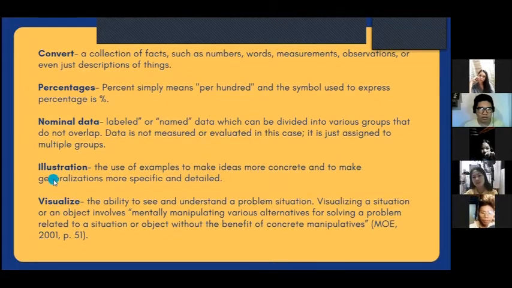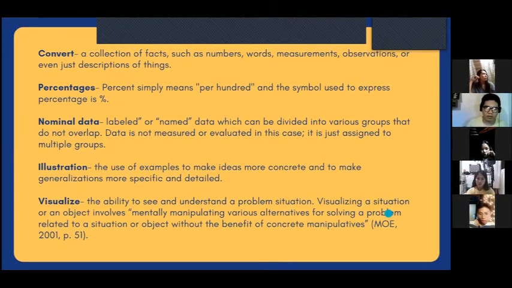The next one is illustration: the use of examples to make ideas more concrete and to make generalizations more specific and detailed. Next is visualize: the ability to see and understand a problem situation.